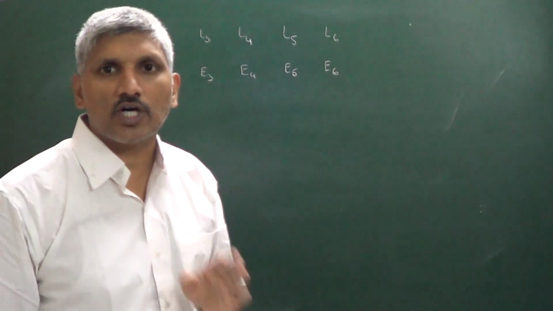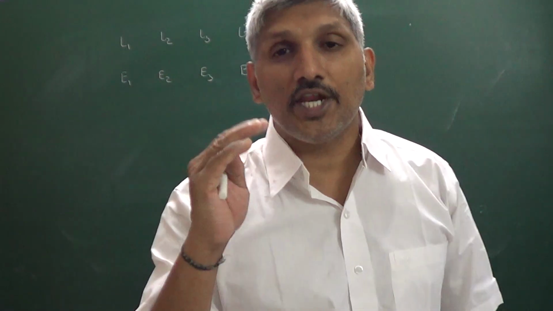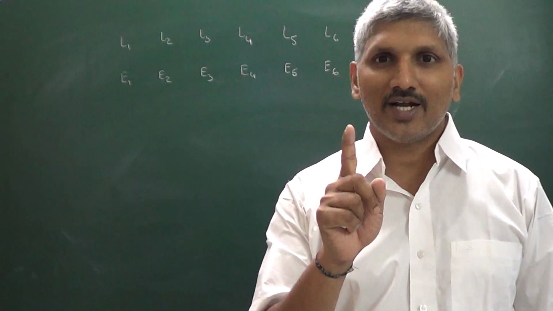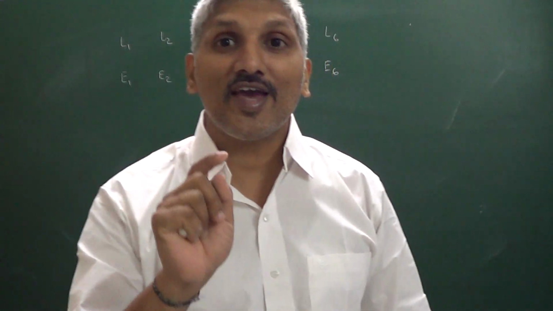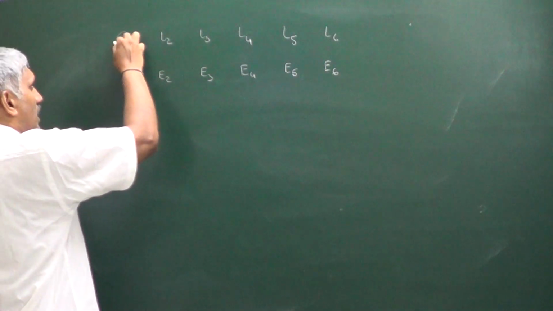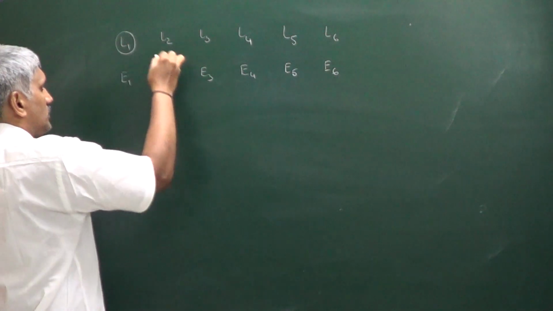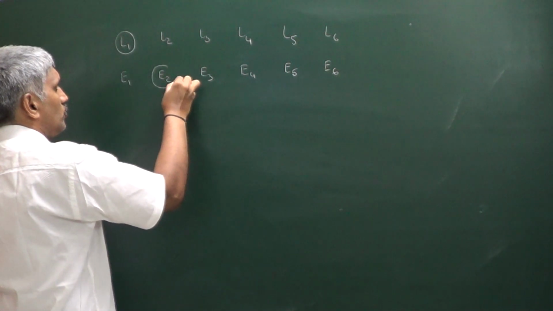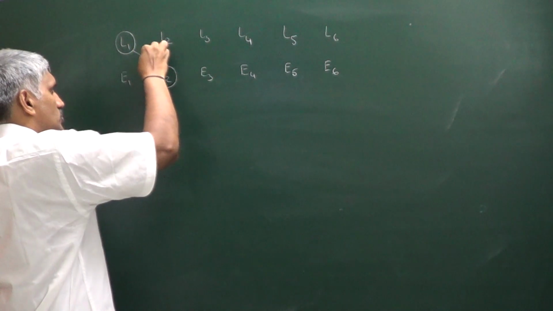So he is asking in the question, no letter is there in its original envelope, but L1 is always in E2. L1 has to enter always into envelope 2, so this has to go here.